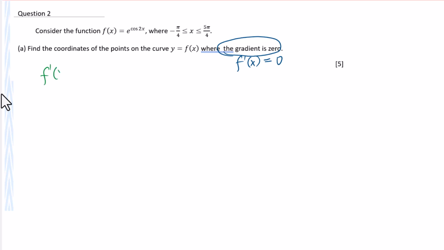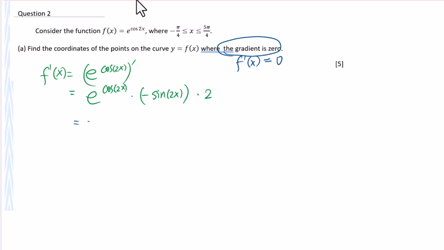F prime of x equals e to the power of cosine 2x prime. Don't forget the chain rule. E to the power of cosine 2x, negative sine 2x. Then 2x prime is 2.